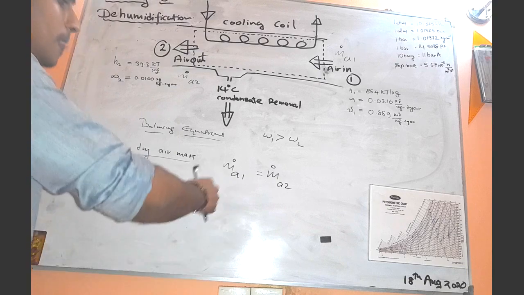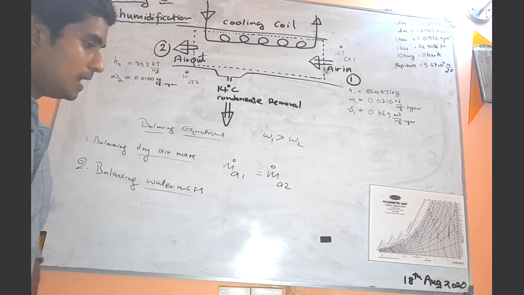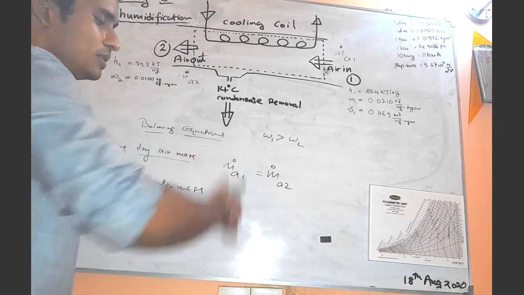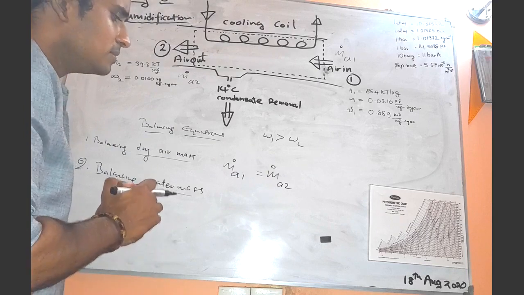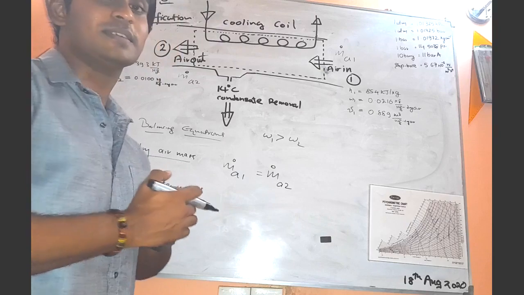As both of these are equal, ma1 dot equals ma2 dot, we can simplify it, because this type of simplification technique is very important.